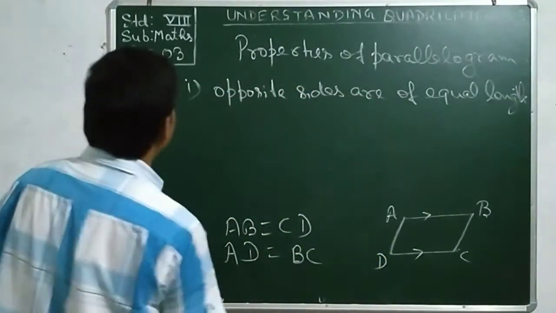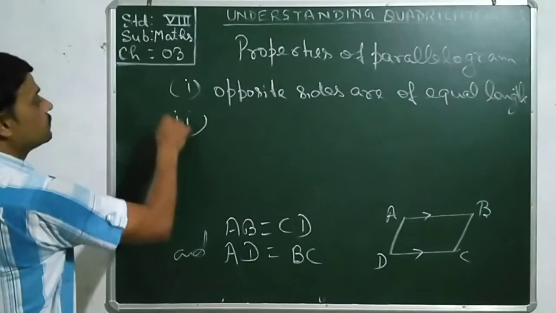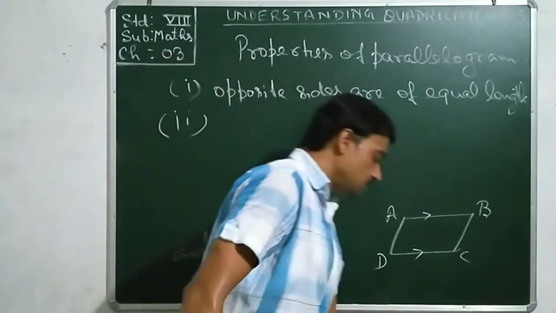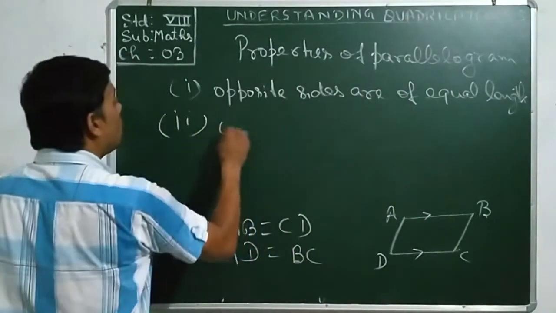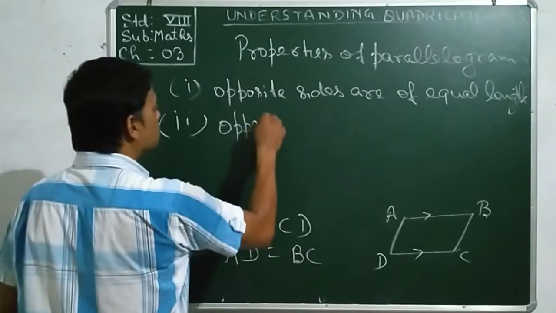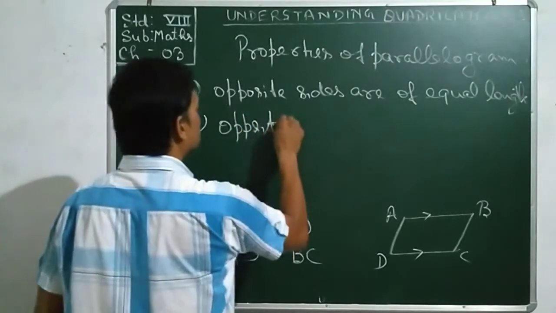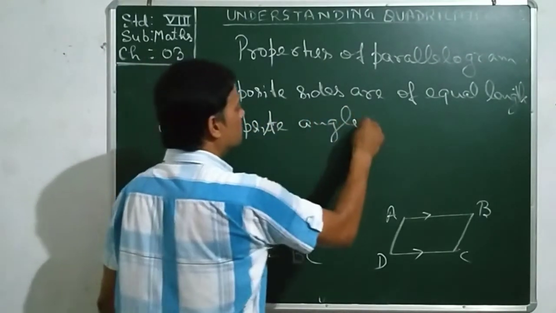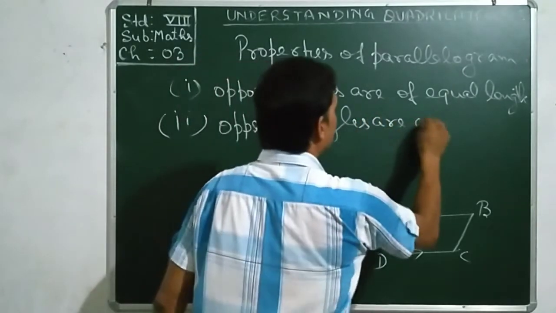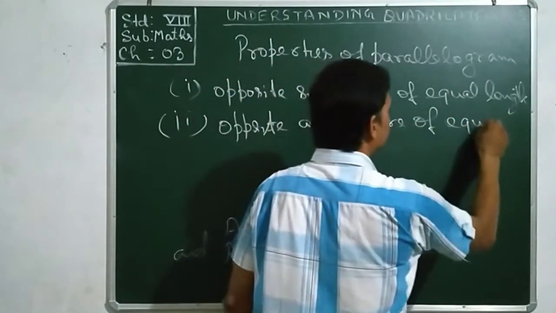Come to the second property. Opposite angles are of equal measure.